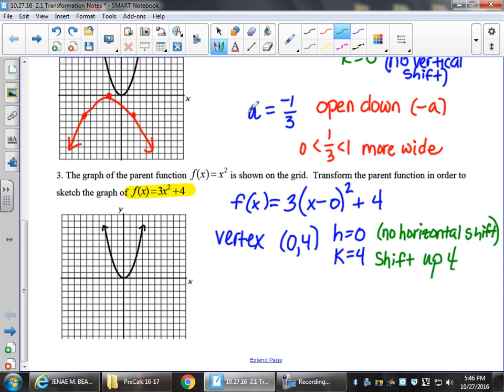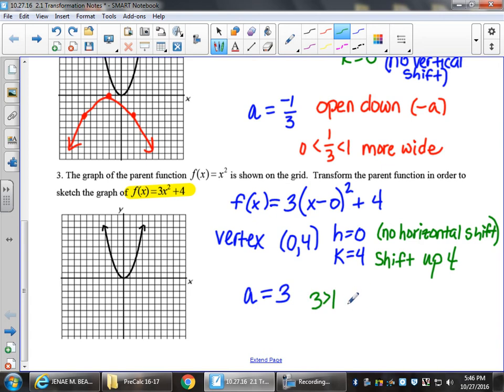We also have a new a value to consider. A equals 3. It's positive, so our transformed graph will still open up. However, 3 is greater than 1.